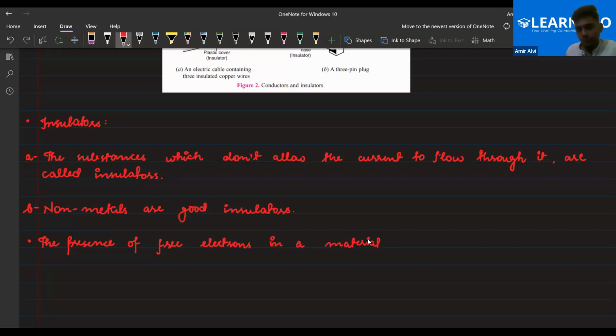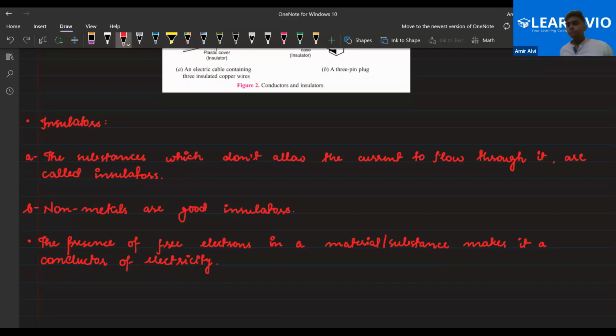If there are no free electrons present in a material or substance, it will not be considered a conductor.